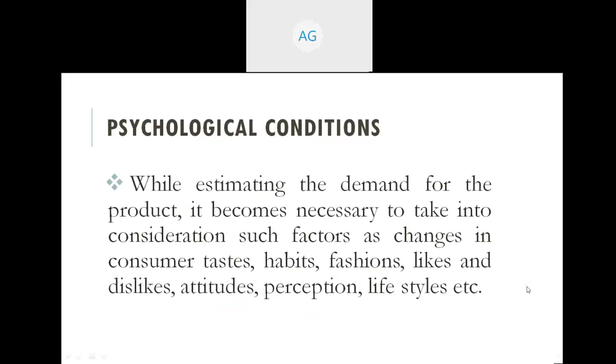The next determinant is psychological conditions. So, while estimating the demand for the product, it becomes necessary to take into consideration such factors as changes in consumer taste, habits, fashions, likes and dislikes of the consumer, the attitudes of the consumer, the perceptions, the lifestyle of the consumers.